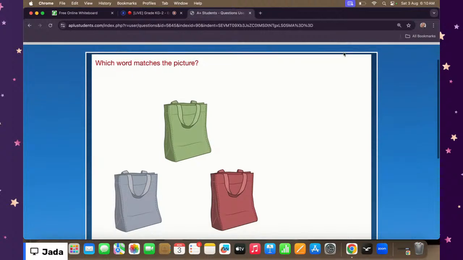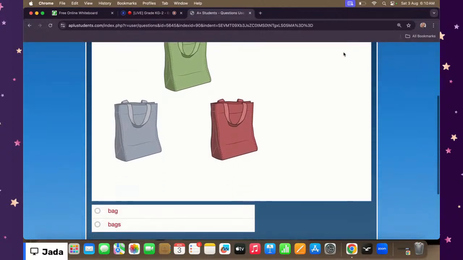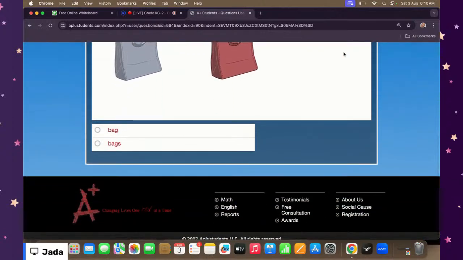Okay, next one we have which word matches the picture. Which of these words matches the picture? So what is the right answer here? What is our answer here?